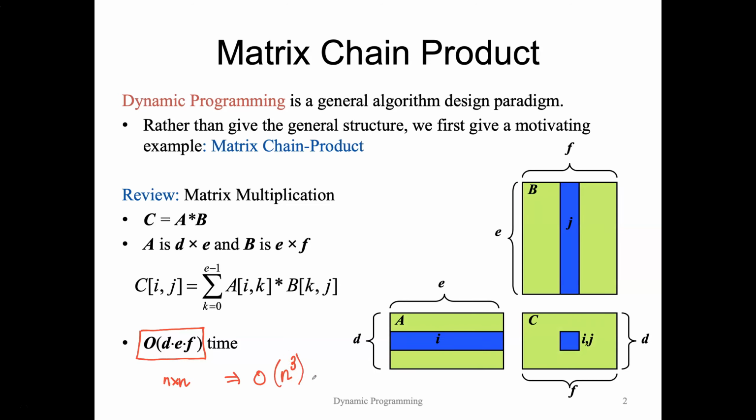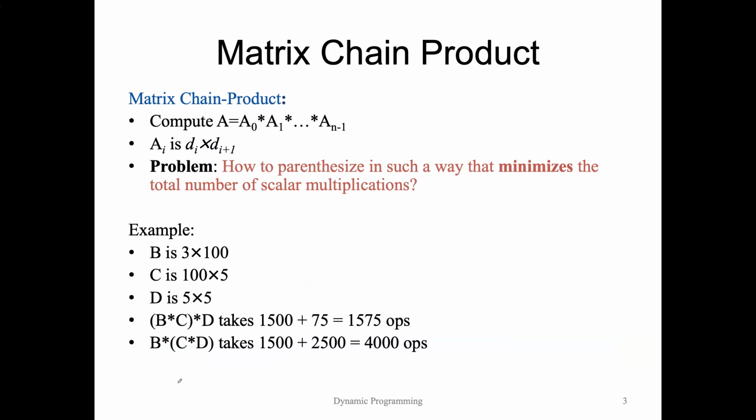And I talked about how we could improve this a little bit in the previous videos, but we still don't have a way to get this to be close to n squared. So if we had to multiply not just two matrices together, but a lot of matrices together, this would turn into a very expensive operation. So this is what the matrix chain product tries to help with.